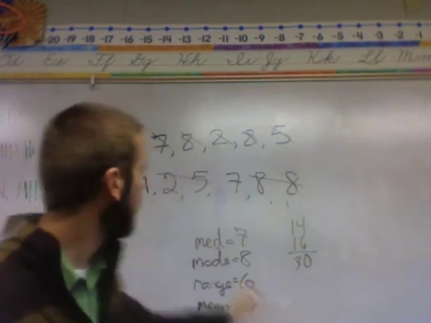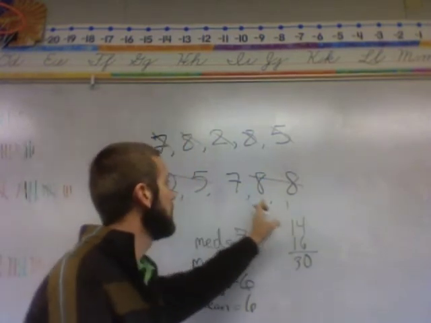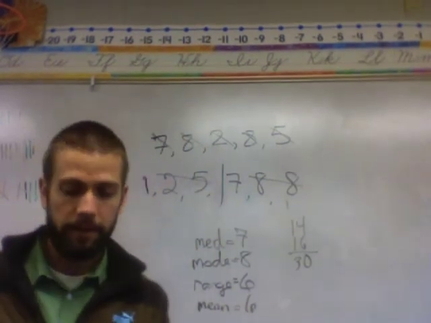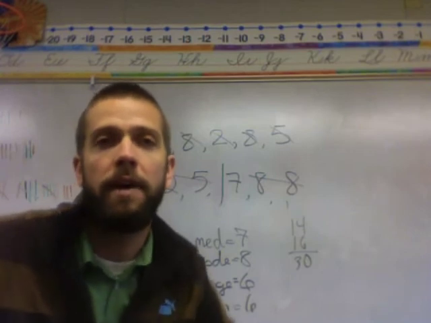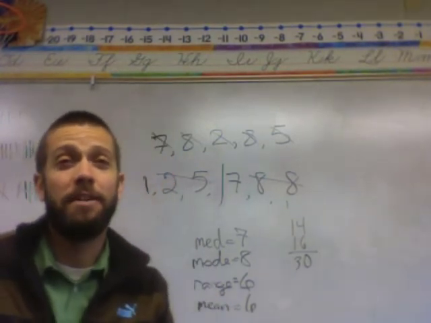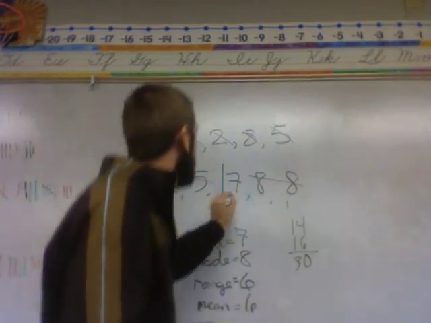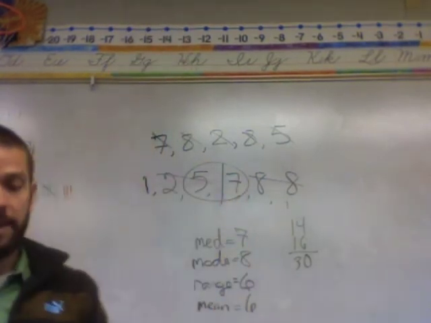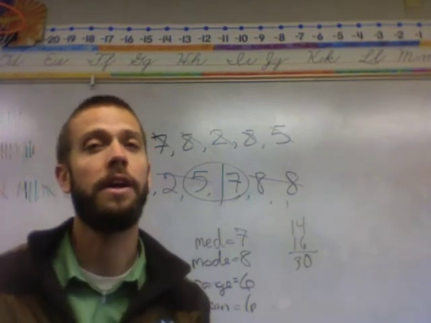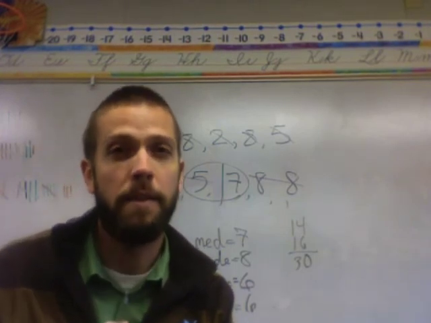There is no middle, huh? 1, 2, 5, 7, 8, 8. The middle would be right here. Well, then you need to decide what is in the middle. What's in the middle of 5 and 7? 6, right? You actually take the average or the mean of the middle 2 numbers. If you add 5 and 7 together, you get 12. Divide it by 2, it's 6. Or you could just look and see if you can tell the number that's right in the middle.